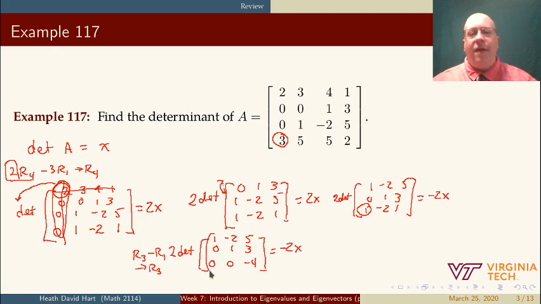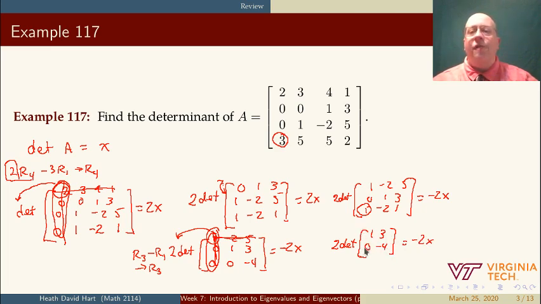This column is now in echelon form, so we can eliminate this row and this column. The 1 comes out to the front, but that doesn't change anything. We still have 2 times the determinant of 1, 3, 0, negative 4 equals negative 2x. Now that we're down to a 2 by 2 matrix, we can take the determinant just by multiplying the diagonals and subtracting.